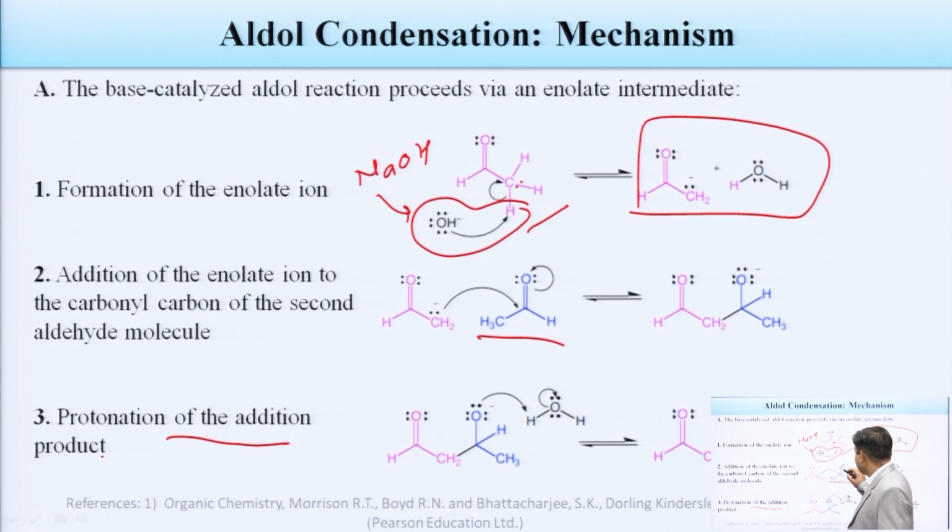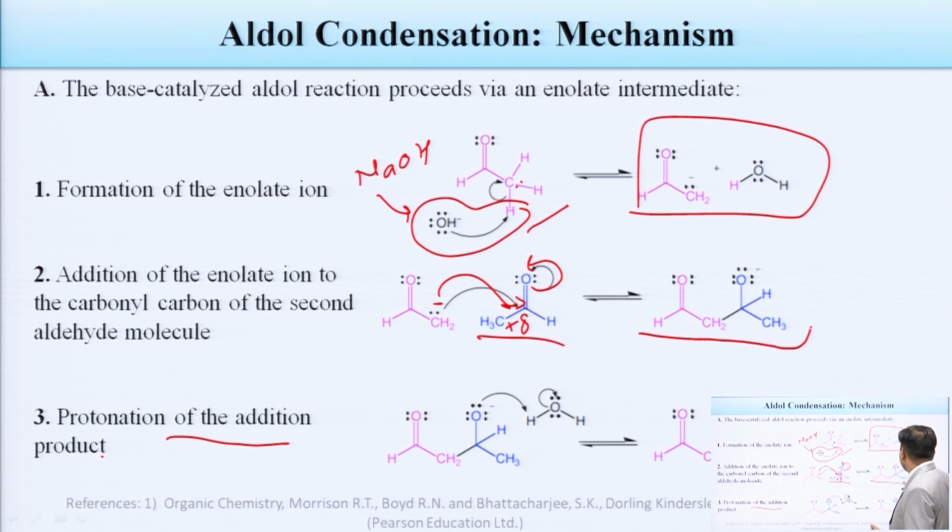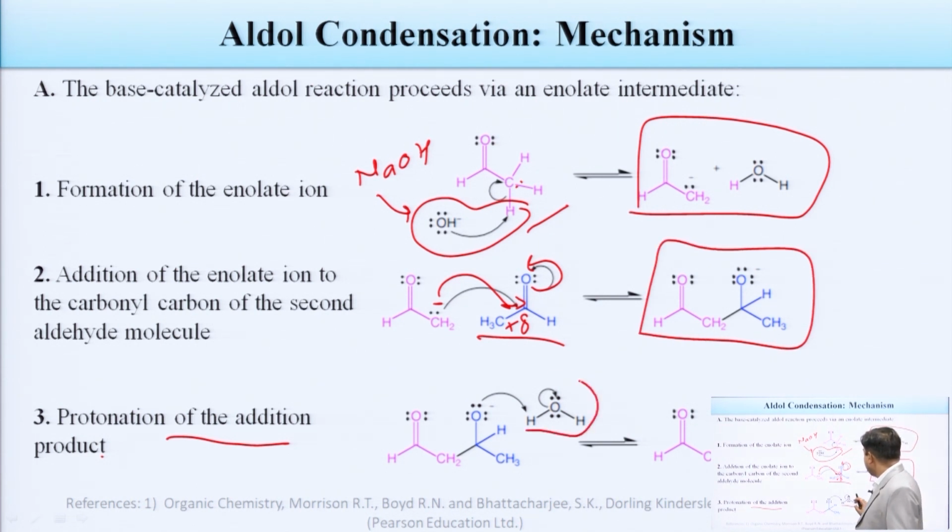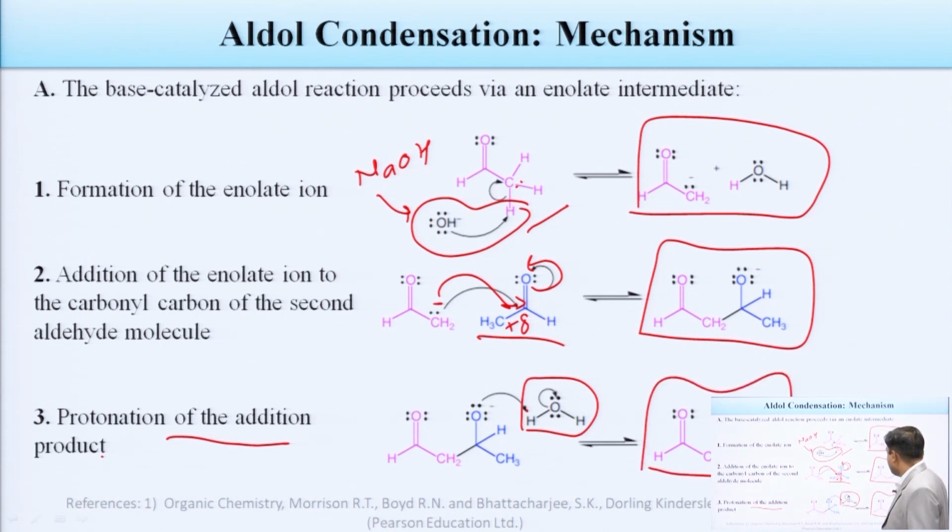How? Because this oxygen is more electronegative, it attracts the electrons of the double bond. This carbon becomes positively charged. At that time, this negative species will attack this particular carbon. We get this alkoxide molecule. In the last step, the hydrogen atom is abstracted from the water molecule and attached to this negatively charged oxygen, and we get the aldol product.